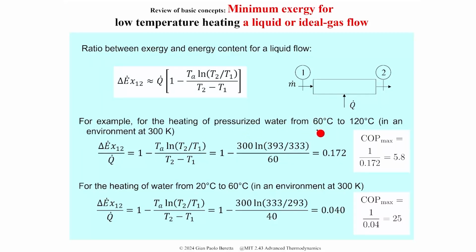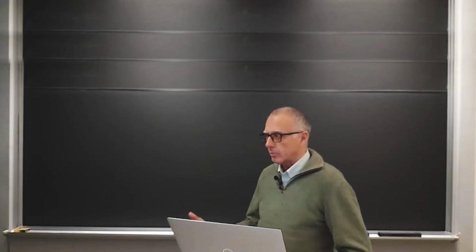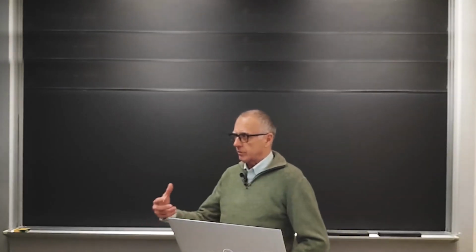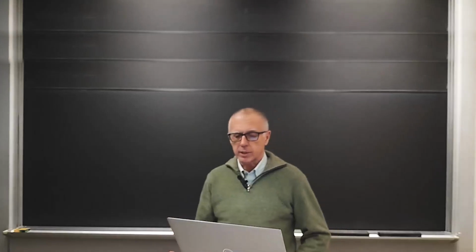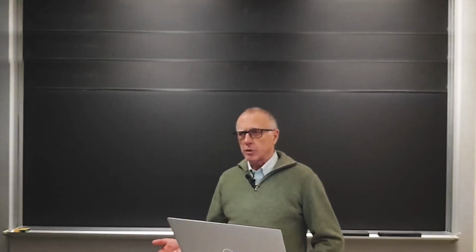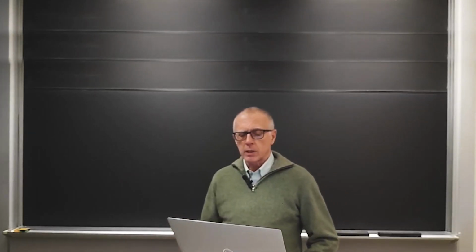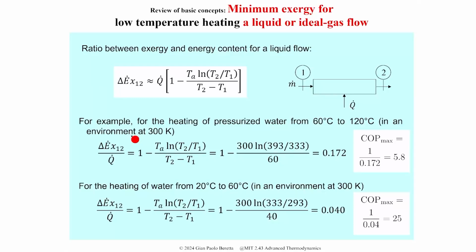Typical numbers could be from 60 to 120 degrees C. And then if we compute that Carnot ratio, remember that here also we need to make explicit the assumption of the environment that we have available when we compute that, because that makes a lot of difference, especially for small temperatures and temperature differences.